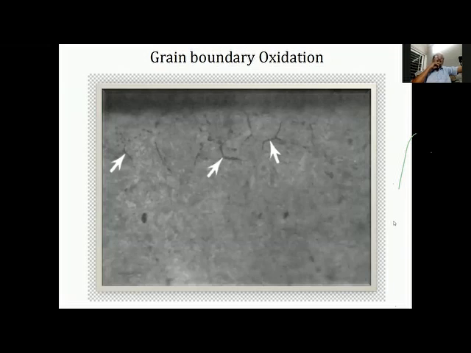Yeah, this black plate-like or network-like thing, which you can see along the grain boundaries, is grain boundary oxidation.